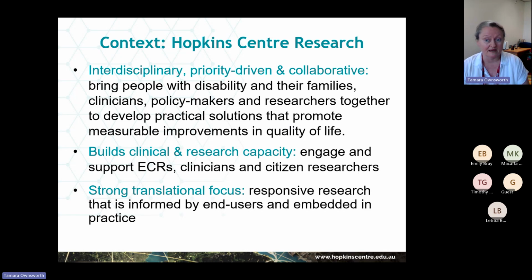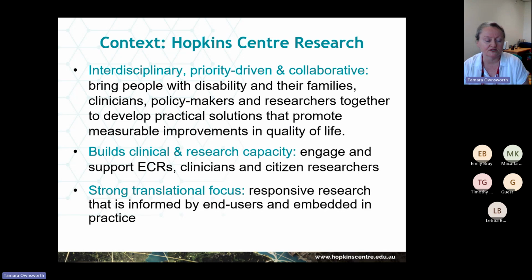So the seed grants are one mechanism through which we aim to bring different people together, so people with disabilities and their families, clinicians, policymakers and researchers, to identify some of the challenges that people are experiencing in their day-to-day lives after a neurological injury and to identify shared ideas for some of the solutions that could address these issues or challenges and result in measurable improvements in quality of life.